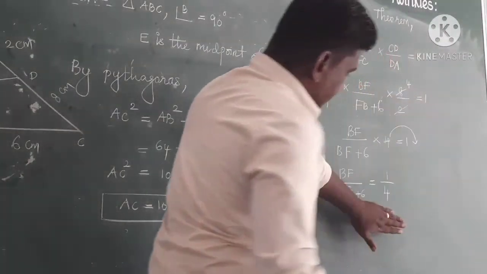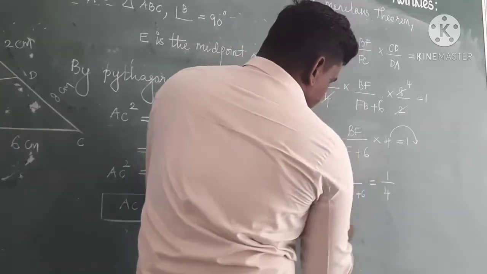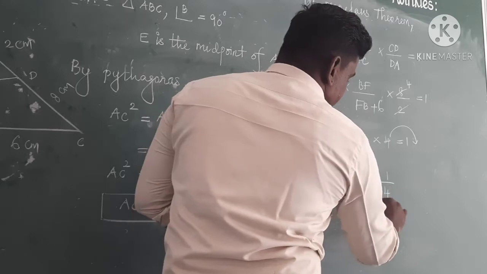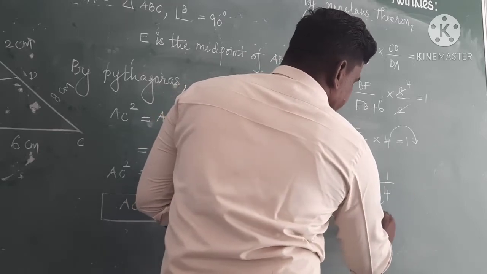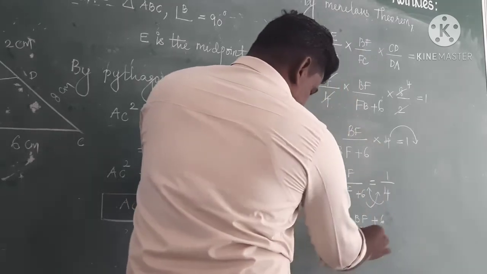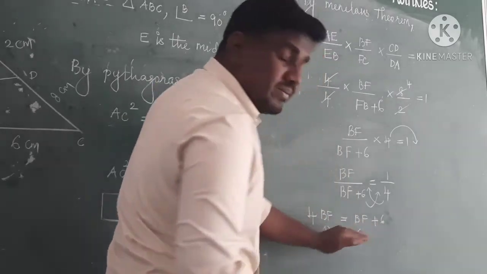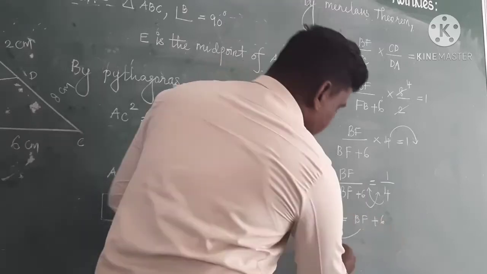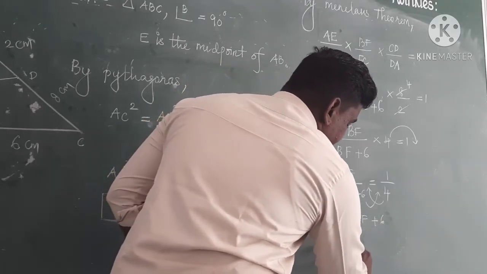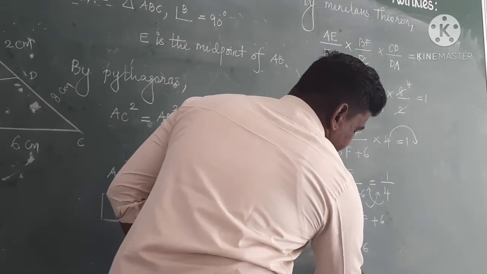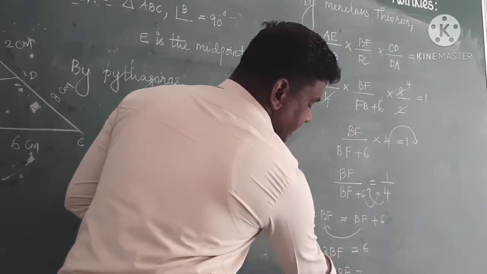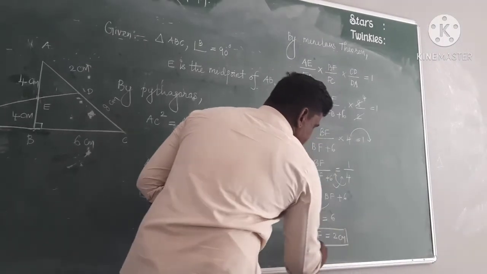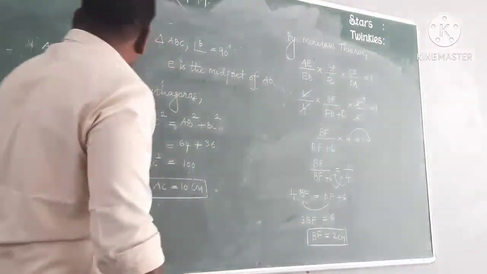Now do cross multiplication. So 4 times BF is equal to BF plus 6. If you take this to the left hand side, it becomes minus. So 4 times BF minus 1 times BF gives 3 times BF is equal to 6. So the length of BF is equal to 6 divided by 3, which gives 2 centimeter. So the length of BF is equal to 2 centimeter.